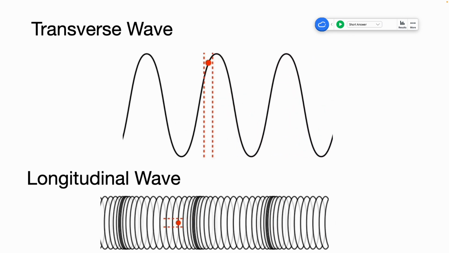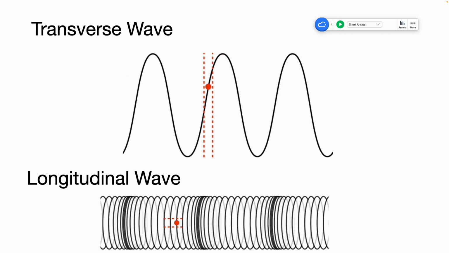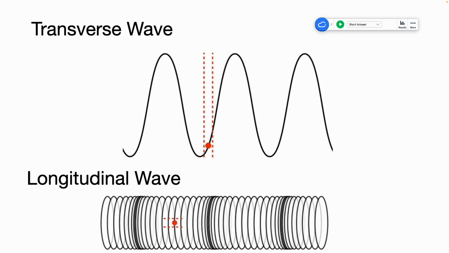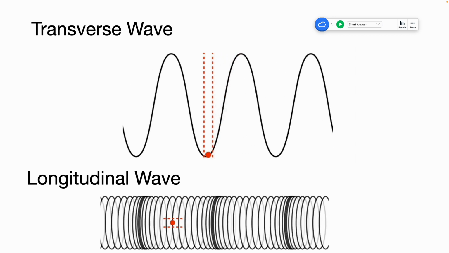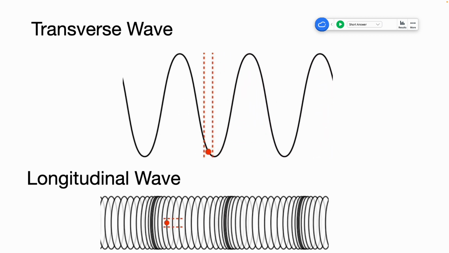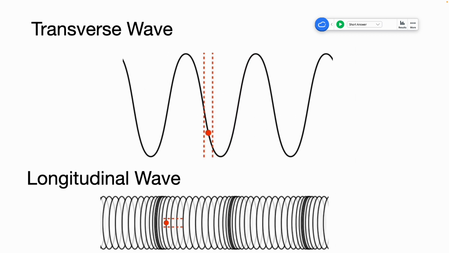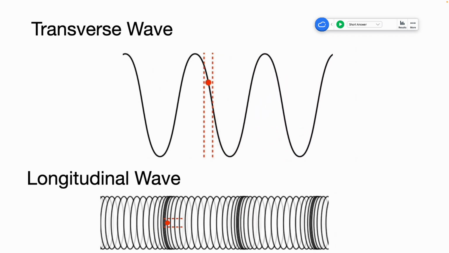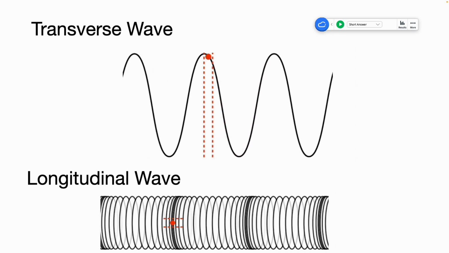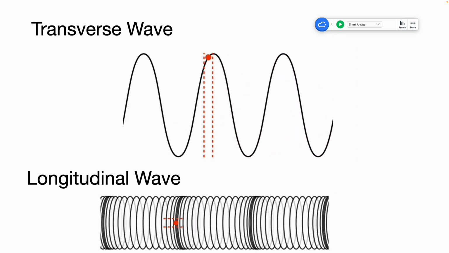These two are perpendicular. We call that a transverse wave. At the bottom, you see the wave is going to your right, and the motion of the particle is along the same direction of the wave propagation. So we call that a longitudinal wave.